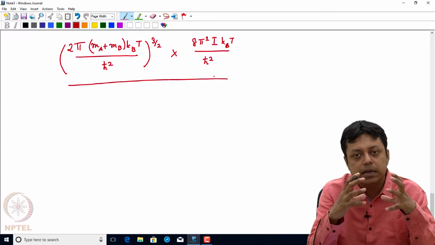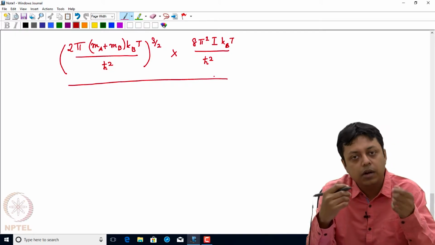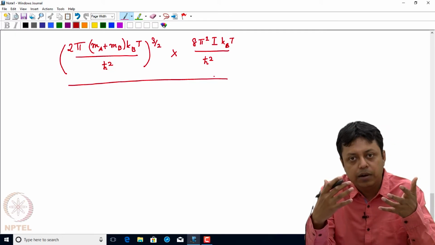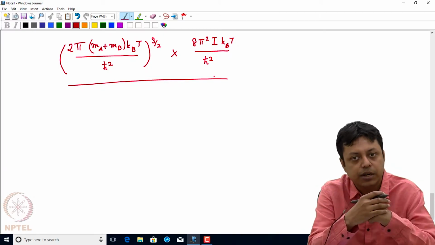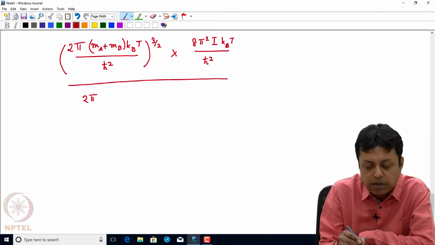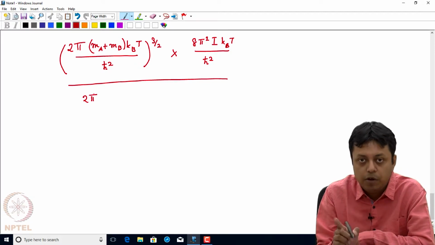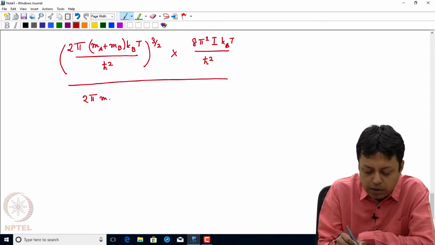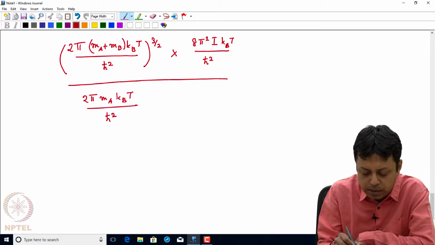Now since these are hard spheres, they do not have any degree of freedom other than translational. So we have to consider only the translational partition function per unit volume for A as well as for B. So the way we are writing it, note carefully: it is (2 pi mA kBT by h bar squared) raised to 3 by 2.